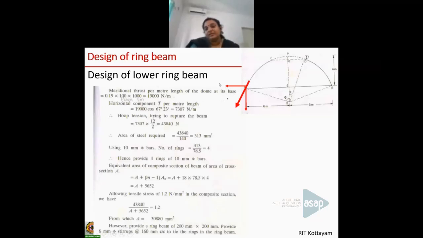And then what is critical for us? The critical one for us is the horizontal component, or T, right? This is obtained because you know this angle phi, and this is the cos component of that. You will get the value like this. And it's now similar to our beam, where WL by 2, like that we need to apply.